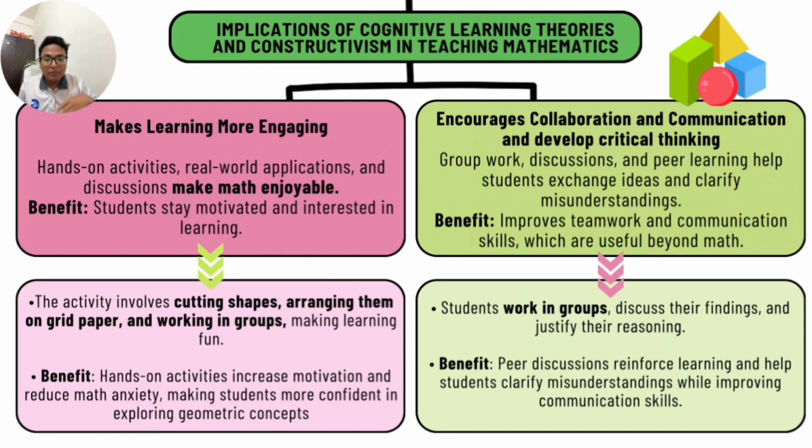From this past activity, students work in groups, discuss their findings and justify their reasoning about tessellation. So peer discussion reinforces learning and helps students clarify misunderstandings while improving communication skills. So they gain some knowledge about the right tessellation.